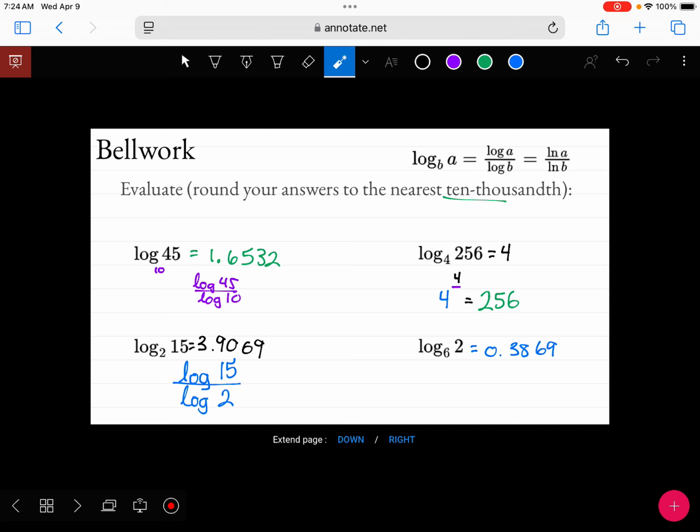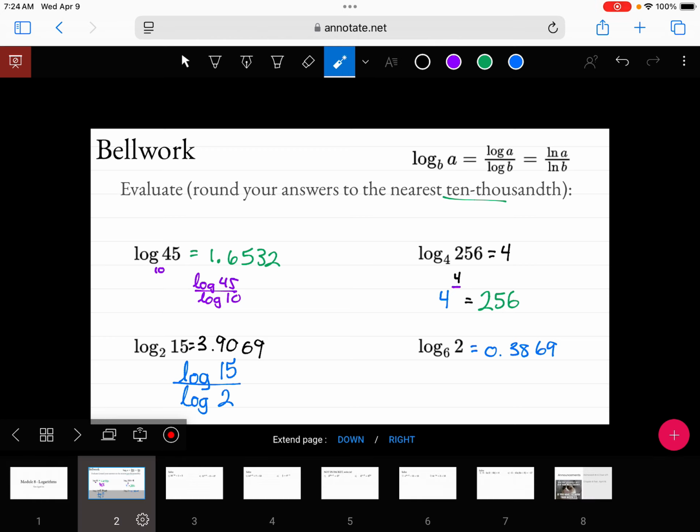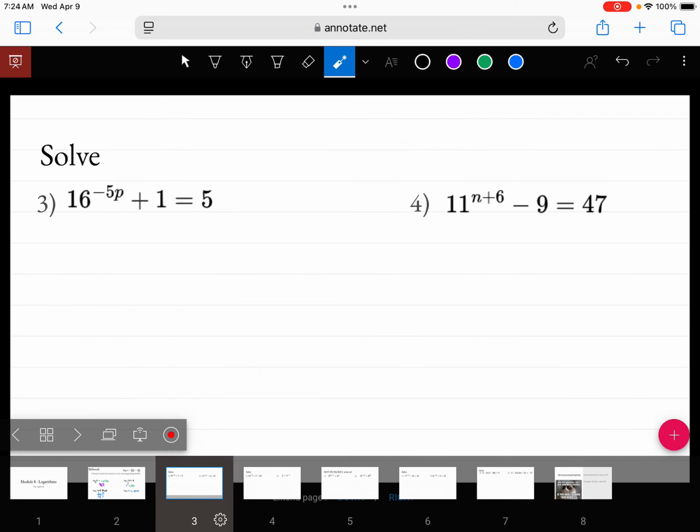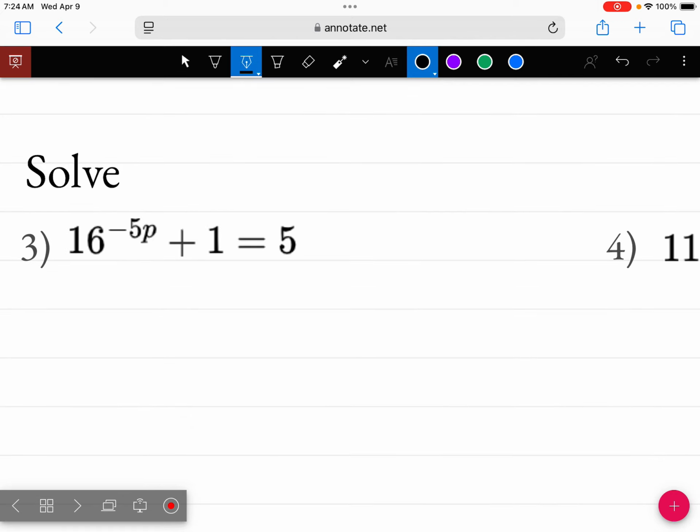Okay. Because what we're going to do is a little bit more solving stuff today. Got a couple of different types that we need to see. So we're going to be on page 11 in our packet.